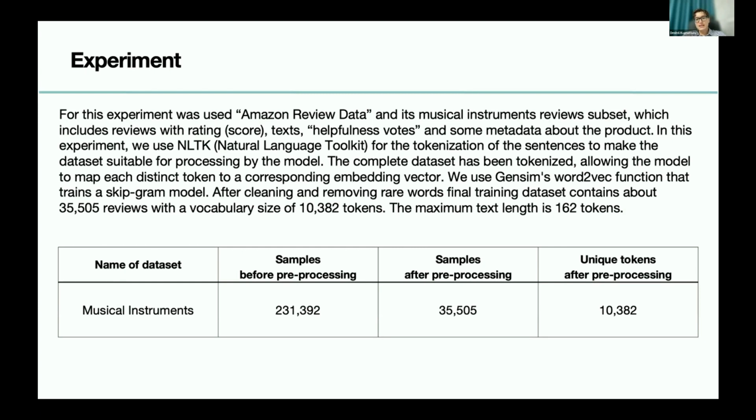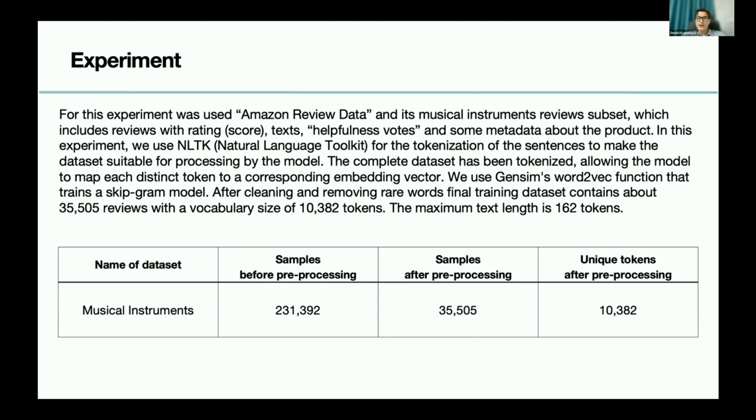But after cleaning this data, I left only 35,000 samples. I removed all the sentences longer than 300 words and shorter than 30 words to unify our approach. The total vocabulary of this model is about 10,000 tokens, which is pretty enough to build some meaningful output of the model.